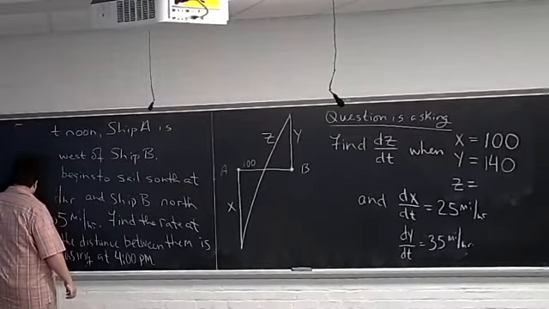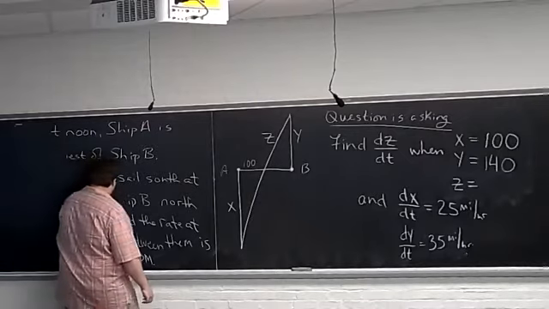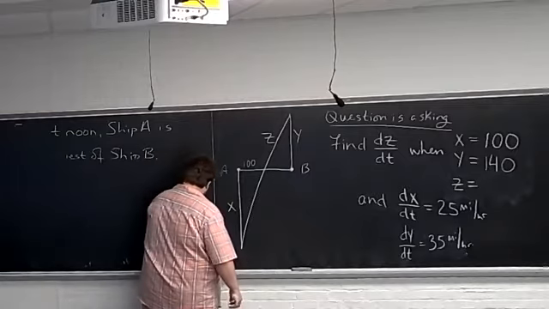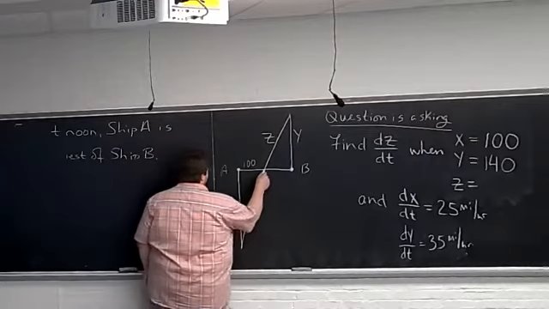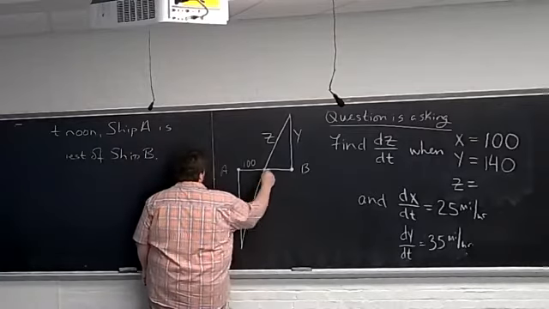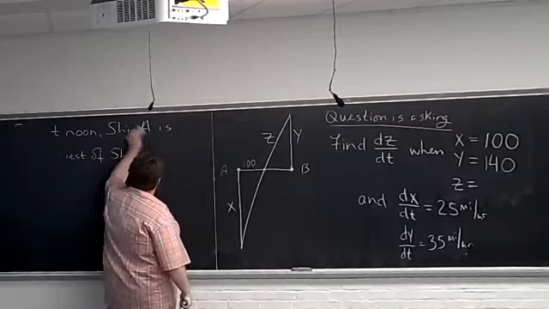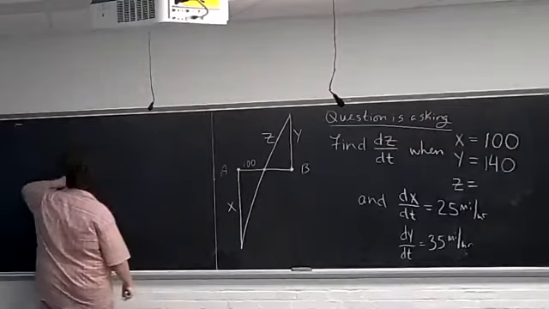So next we're going to need a relation between x, y, and z. A first instinct may be to chop up that 100 at a point in the middle and work with the two triangles. But that's not going to work because why?